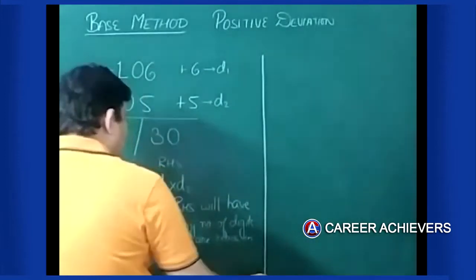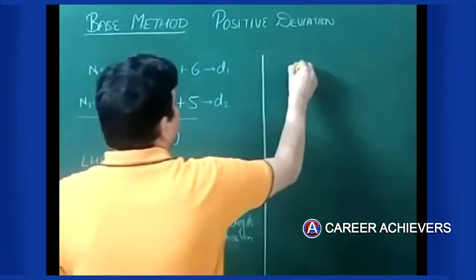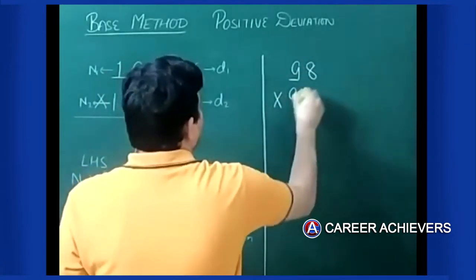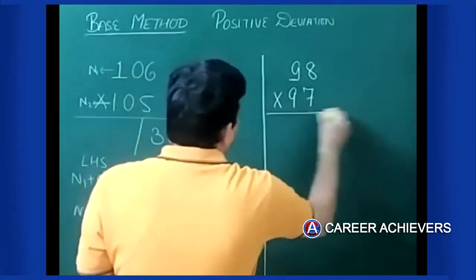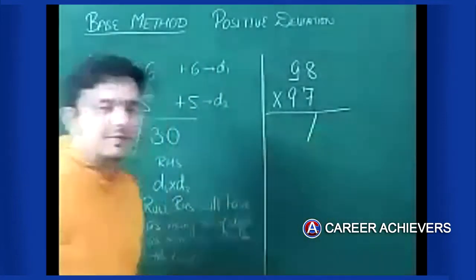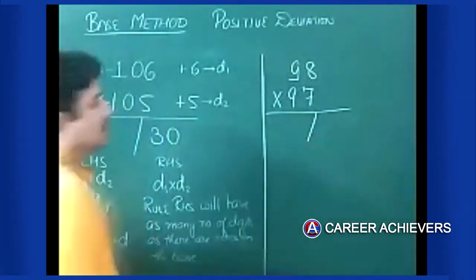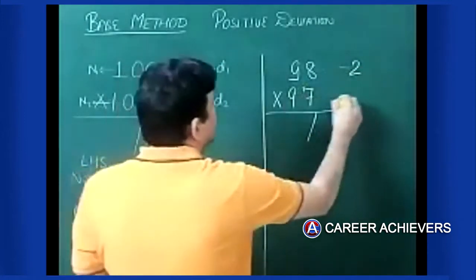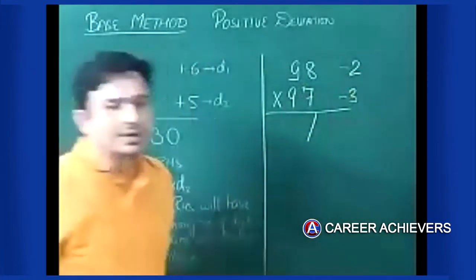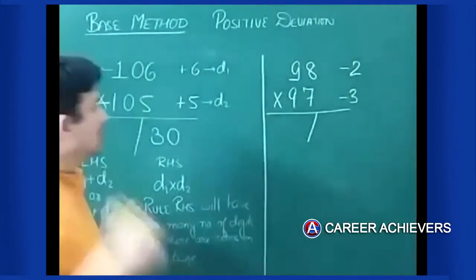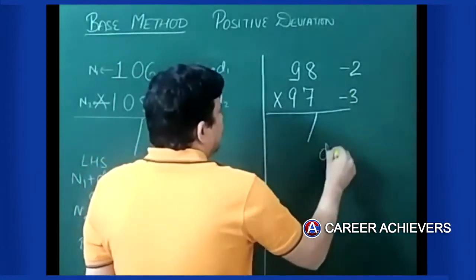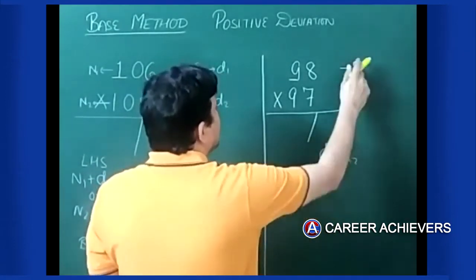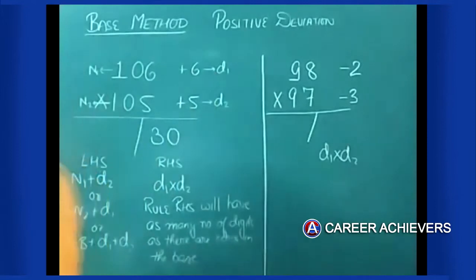Okay. Then for negative deviation, let us take an example: 98 times 97. Here also we divide our answer in two parts. 98 has deviation of -2 and 97 has deviation of -3. When I multiply D1 and D2, minus times minus becomes plus, so this becomes plus 6.